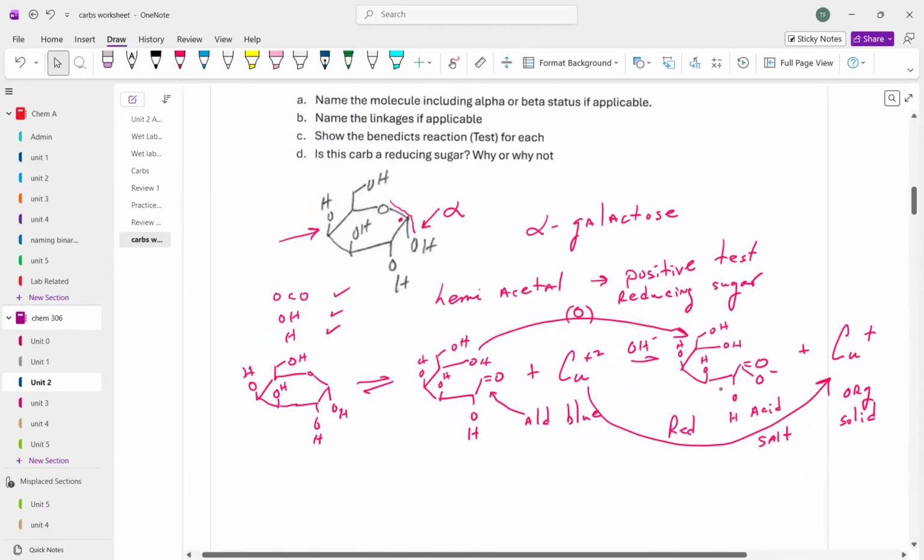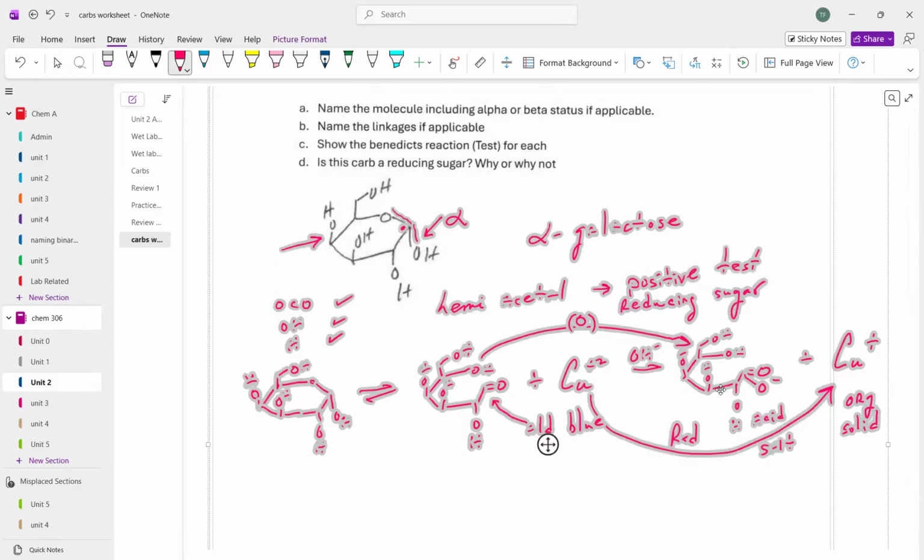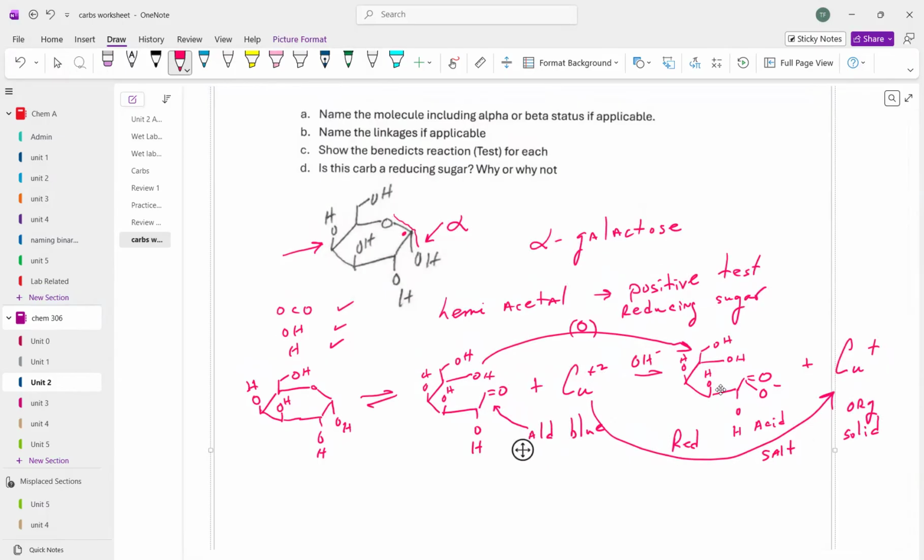Okay, a hemiacetal can convert back to its original aldehyde, and that's the process going through here. So here's the aldehyde, and that's the hemiacetal there.